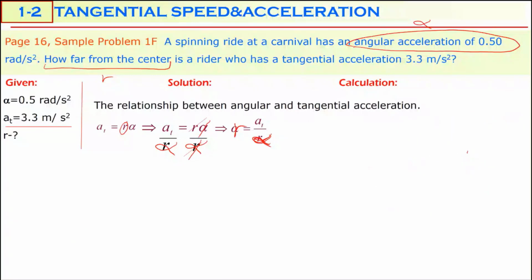Alpha is given as 0.5. Divide them, which is equal to 6.6. So this rider is at 6.6 meters from the center of the ride. This is the solution of this problem.